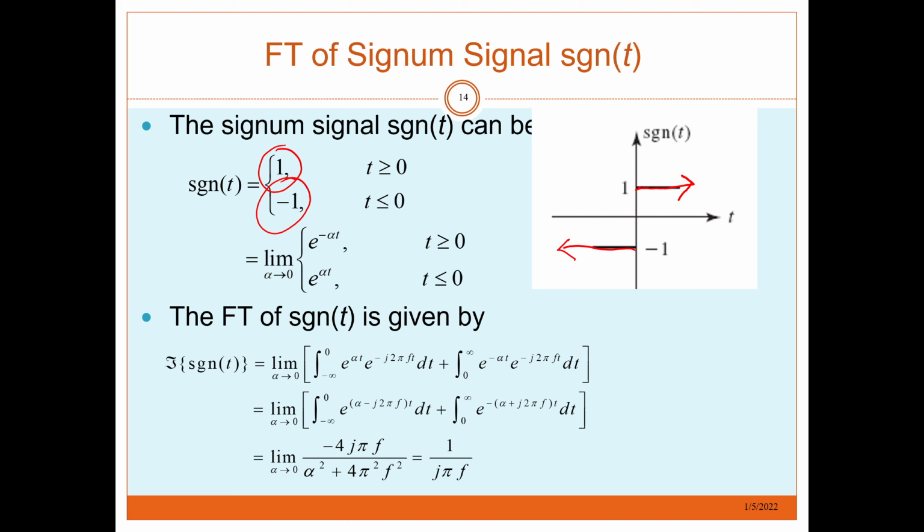What we have to do now is multiply it with a function here, and then you integrate it part by part, and this is the function in the frequency domain.